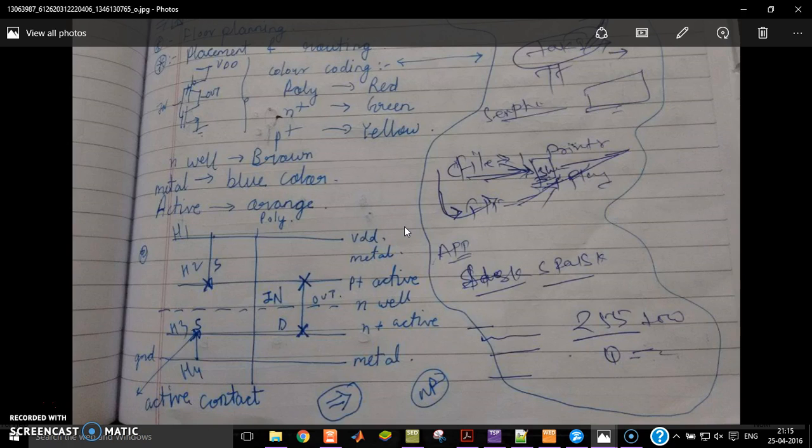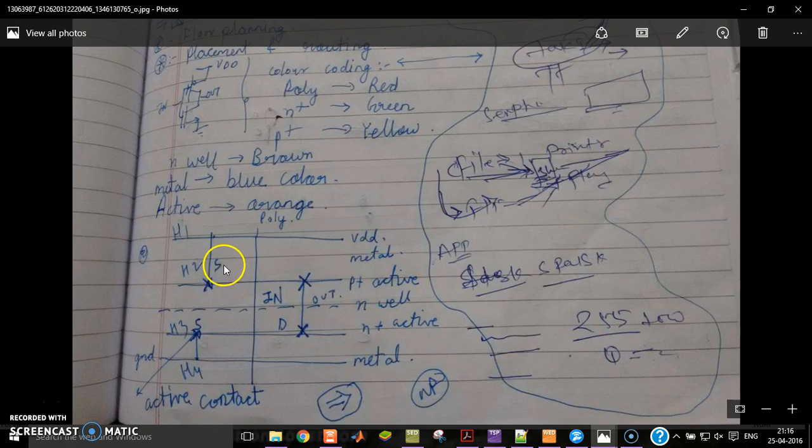So first of all, the middle line is a polysilicon. So one side of the polysilicon will be source and the other will be drain. So let's say the left side of this polysilicon is source.